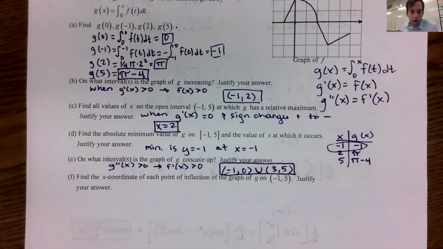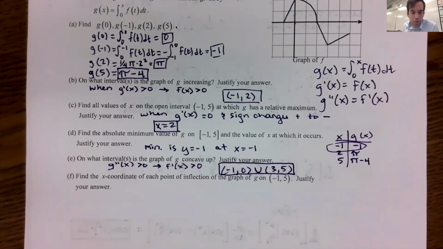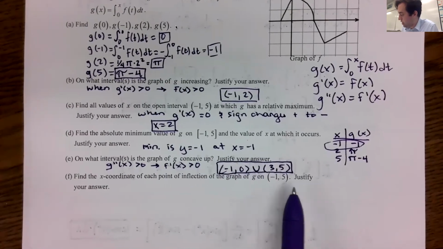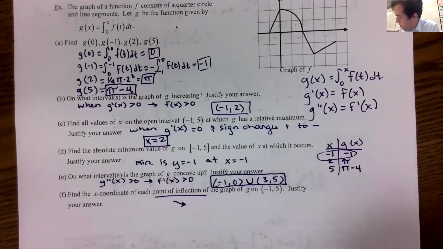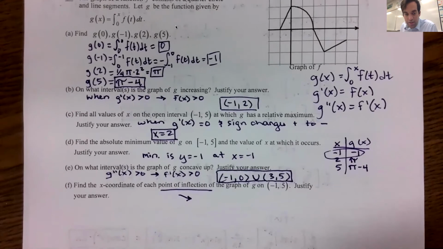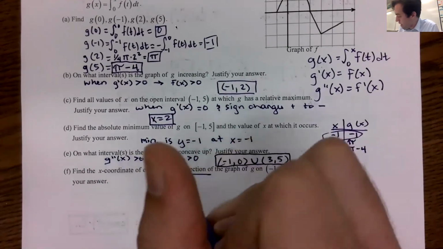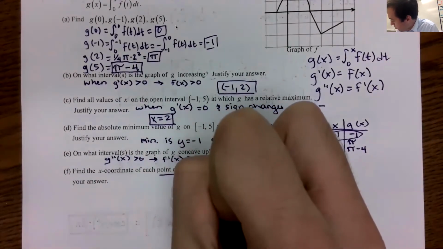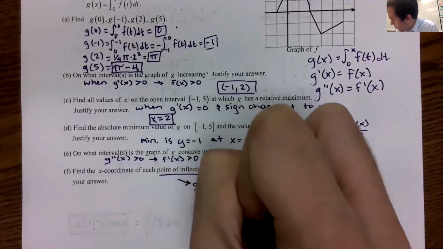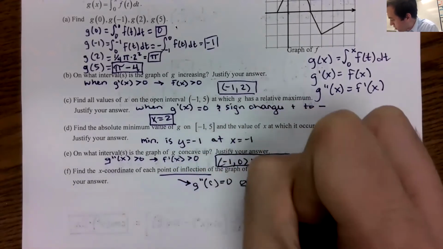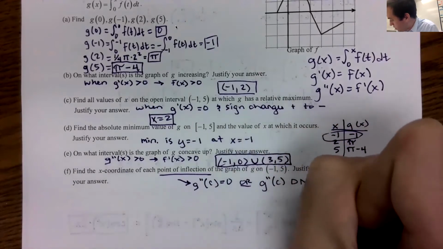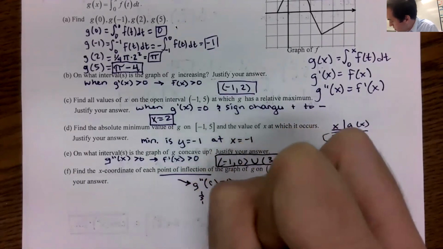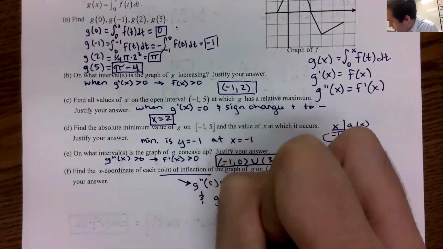And finally, letter F, find the x coordinate of each point of inflection of the graph of g. Okay, so we're back to g, points of inflection. If we're thinking in terms of g, it means that g double prime of some value equals 0, or g double prime of c does not exist, and g double prime changes sign.